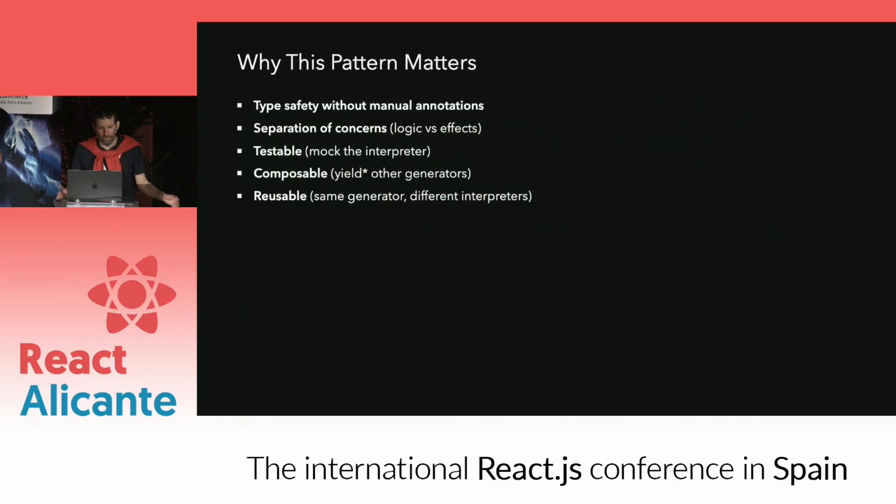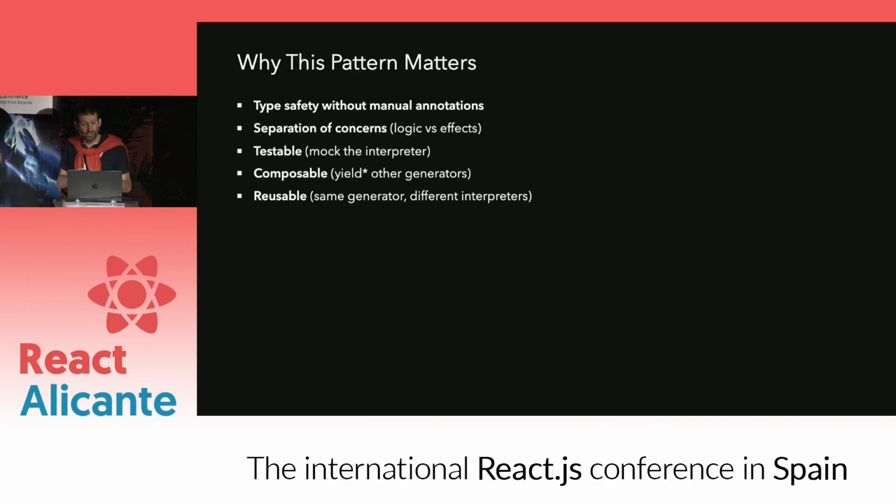So we have seen that this pattern is so powerful because you get full type safety without manually annotating the generator's type, and inference flows from your instruction. You have a complete separation of concerns because, again, generators contain just the business logic. They don't care about how instructions are implemented. And that means that they are fully testable because you can just mock the interpreters.